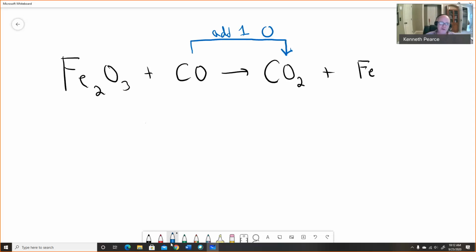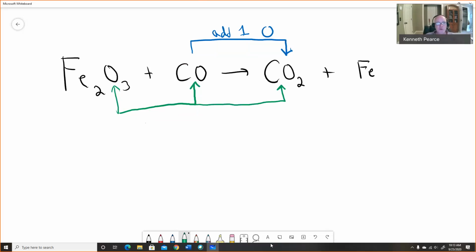Now, where is that oxygen coming from? It has to come from somewhere, and it's coming from here. It's coming from the iron Roman numeral 3 oxide, and that is where it's going. It's going into the carbon monoxide to become carbon dioxide.